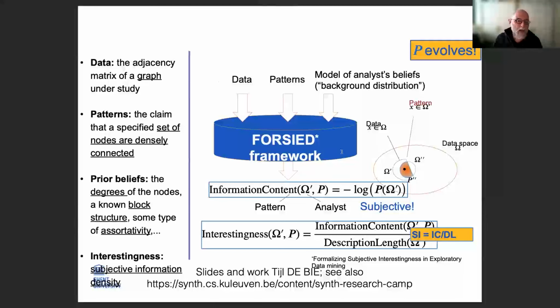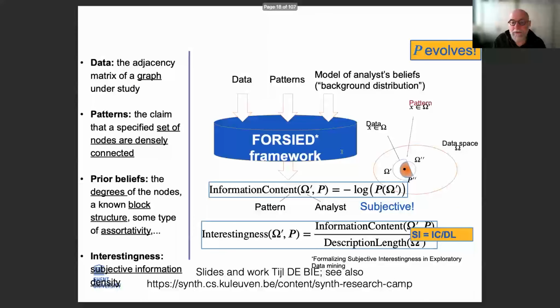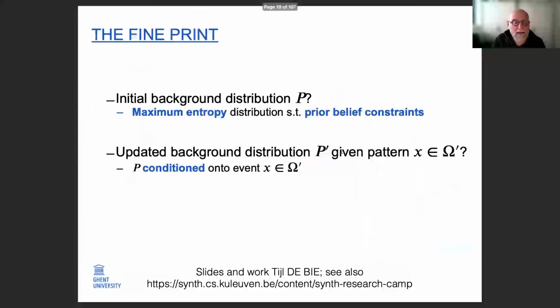There is a framework that has been devised about 10 years ago, but that has since then been applied in many different contexts for many different types of patterns, like these communities, but also other things like typical item sets.